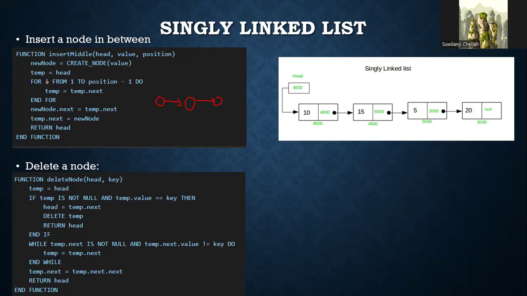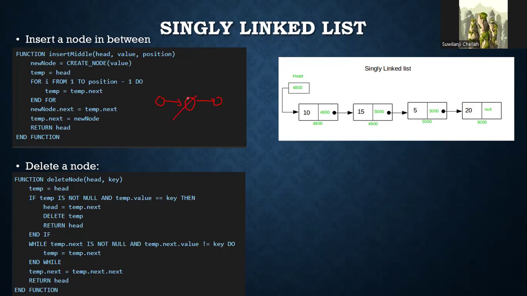What we're doing is from 1 to position - 1, meaning the previous one here, right? So from 1 here to position - 1, which is within this space, okay? We put that temp.next position there into a temporary variable.